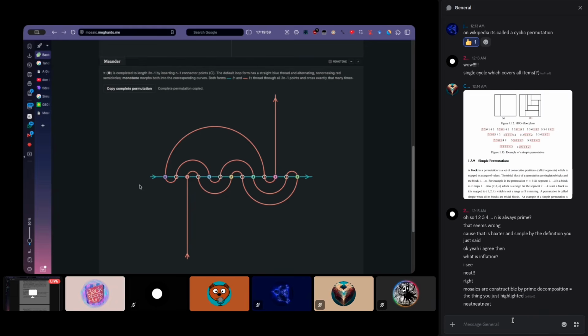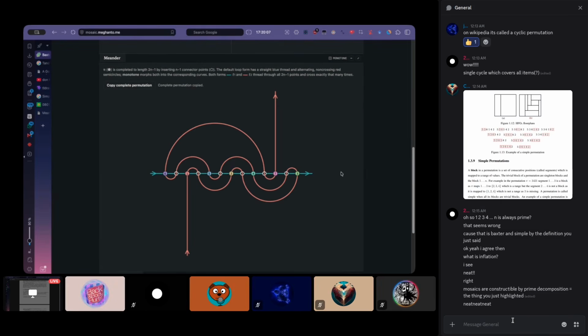A meander and a permutation being encoded as the same thing. It's just a way of tracking which points we are crossing, and that becomes my order. The order in which I cross becomes my permutation.